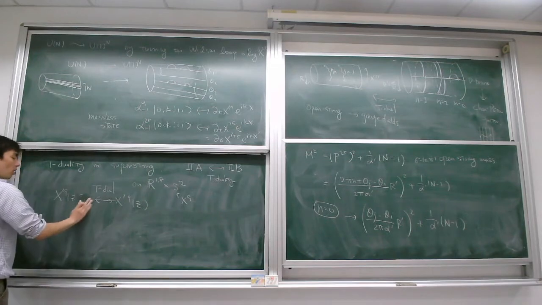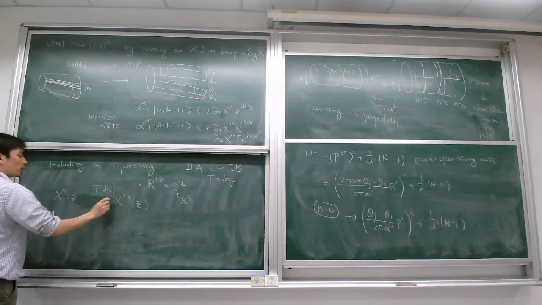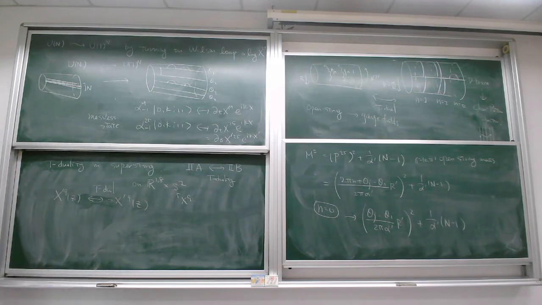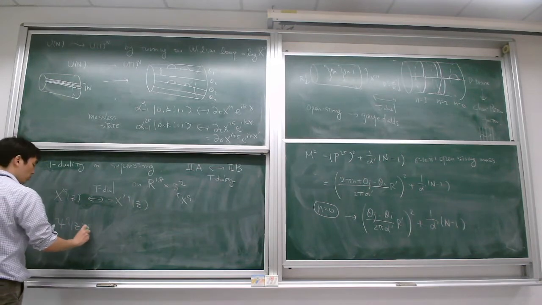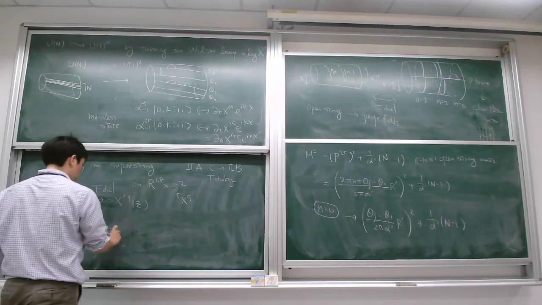In summary, the holomorphic sector should have a minus sign, and since there is supersymmetry, the super part of X is psi. So psi 9, Z also has the minus sign.